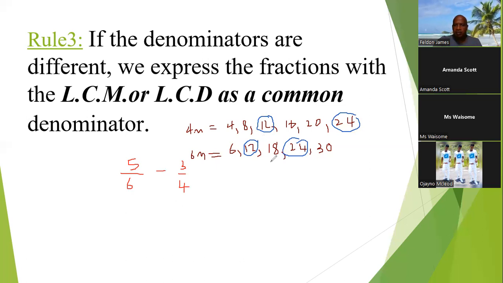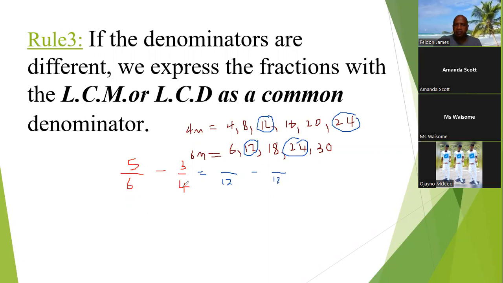Now, why do we want the LCM when we're adding fractions that don't have the same denominators? Why do we take the LCM? As Ms. Wilson said, we're trying to find the lowest equivalent fractions that 6 and 4 can go into.